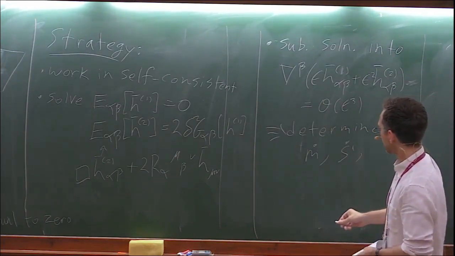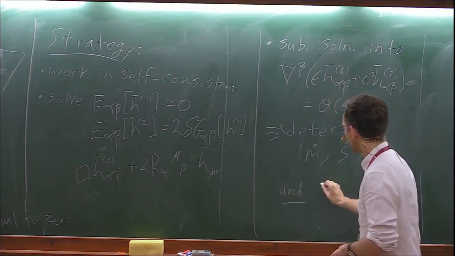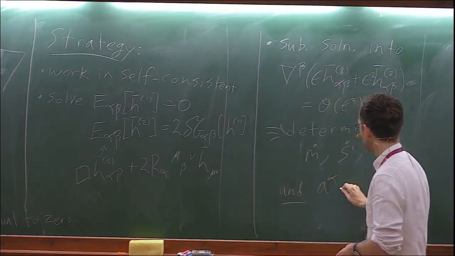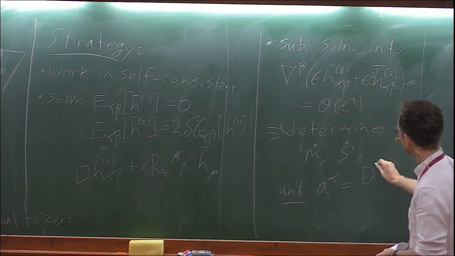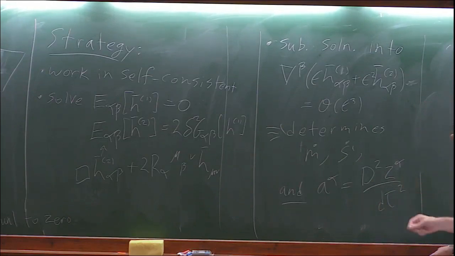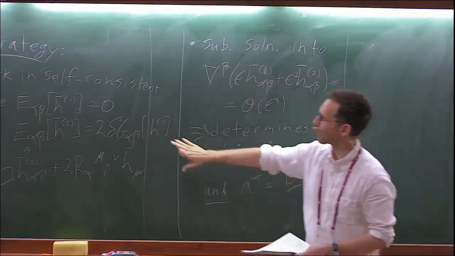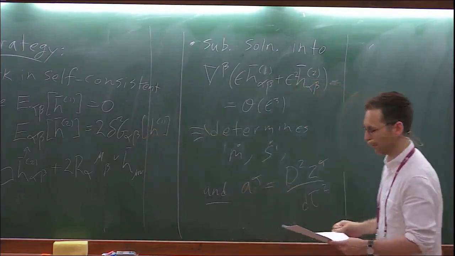And it determines a alpha, which is the covariant acceleration of the curve gamma that is the center of mass. So all this comes out of imposing the gauge condition on top of the solution to the wave equation.